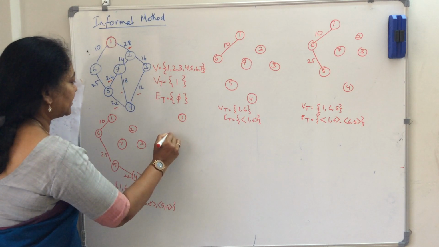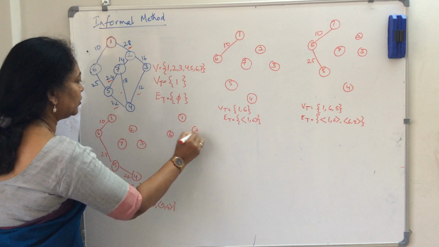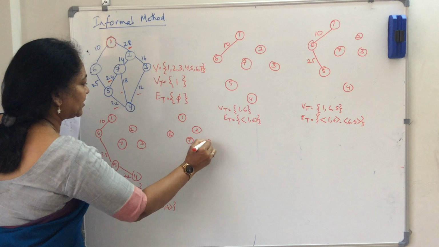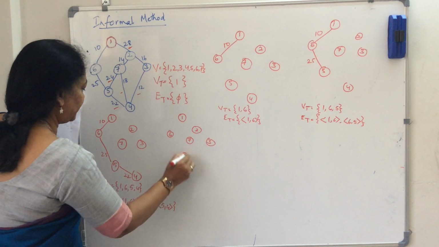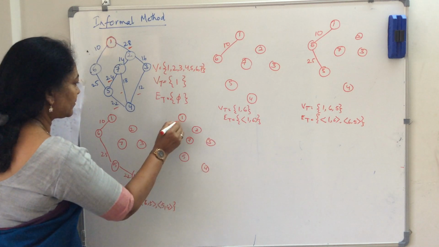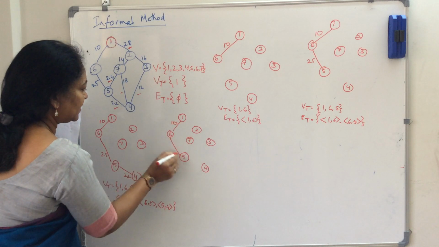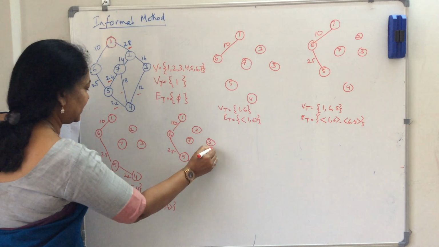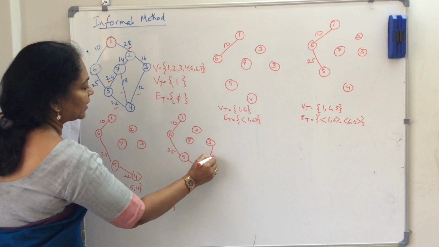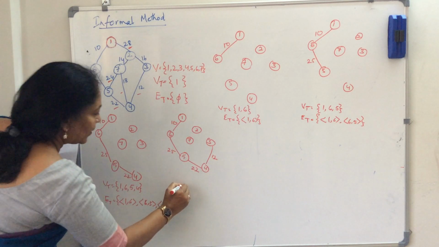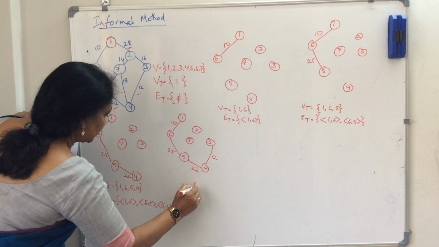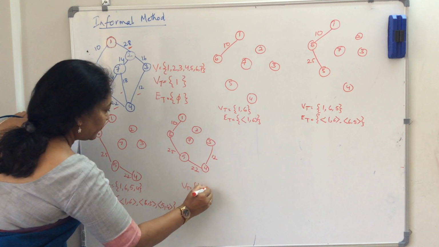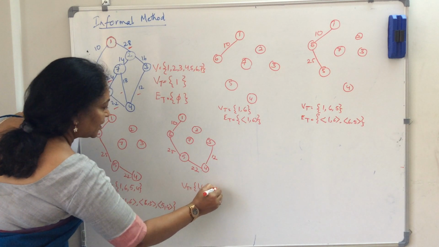So 1, this 6, then this is 2, 7 and 3, this is 5 and 4. This is 10, this is 25, and this is 22, and this is what is the value? Yeah, 12. Okay, now VT becomes 1, 4, 5, 6, 3.